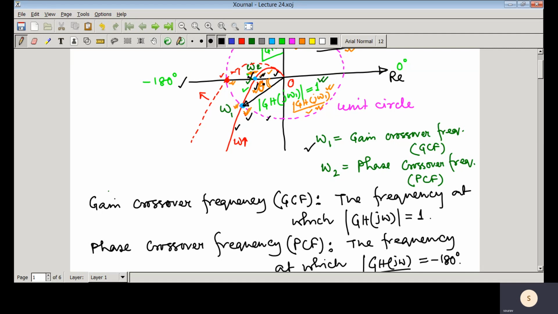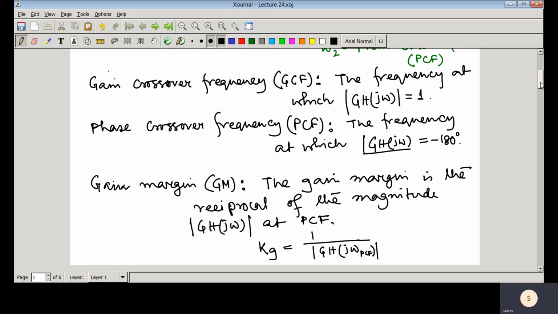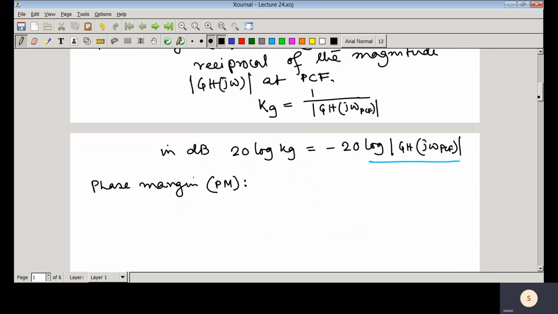If you add that phase to that loop transfer function phase, then that system would come on the verge of instability. That means if you add that much extra phase lag to that loop transfer function, then that system would be marginally stable. That is, that Nyquist plot will be passing through the critical point.